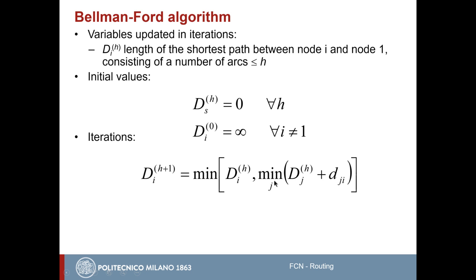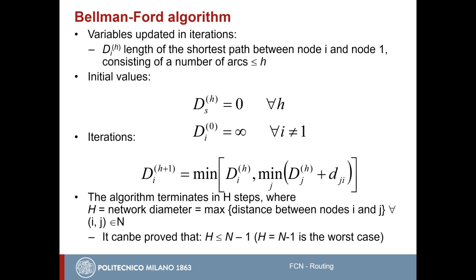This expression is the minimum, taking all the other nodes as pivot, of the distance at the previous step of each other node plus the cost of the link connecting that node with node i, which is the node we are identifying. Now, this is very difficult to explain in words, so we have to look at an example to understand it better.